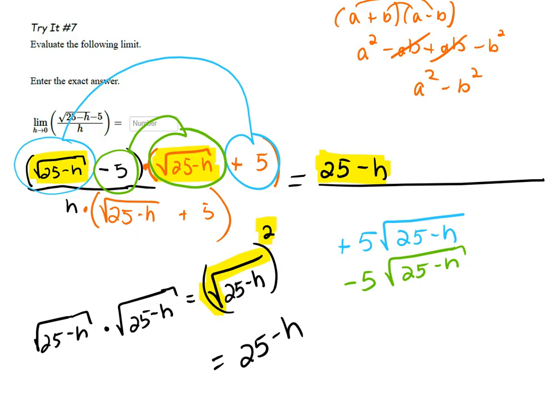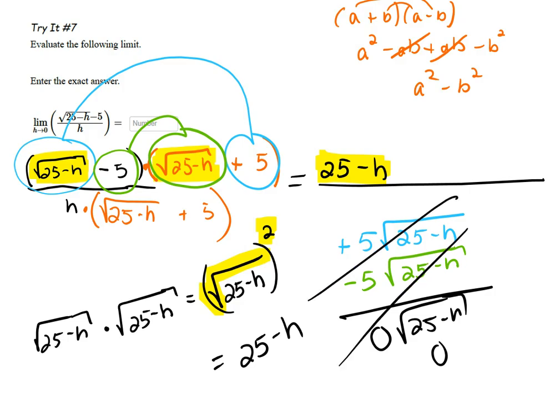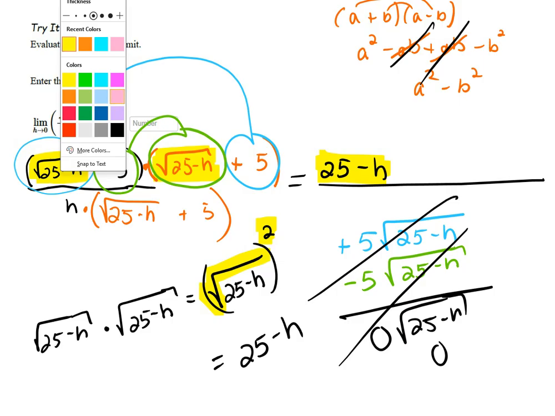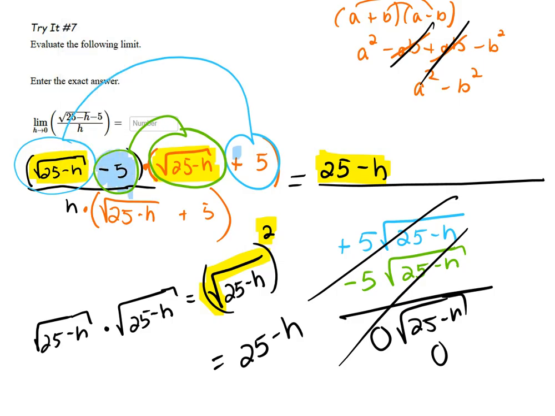But a positive 5 of this thing and a negative 5 of that thing ends up being 0 of it, and 0 times anything is 0. So outsides and insides just cancel out each other, just like they did up here. So I don't have any insides or outsides. And then that brings me to last times last. It's a negative times a positive, so it's a negative, and 5 times 5 is 25. So last times last is that.